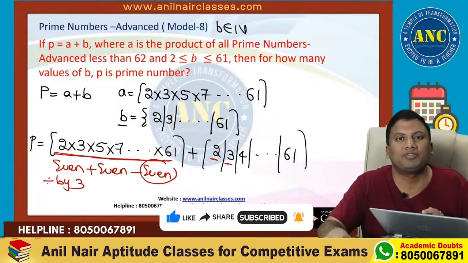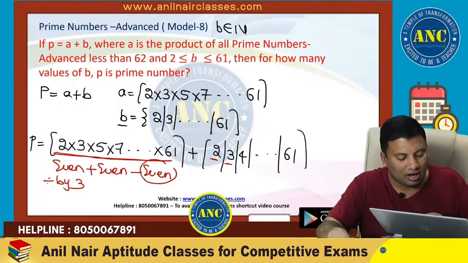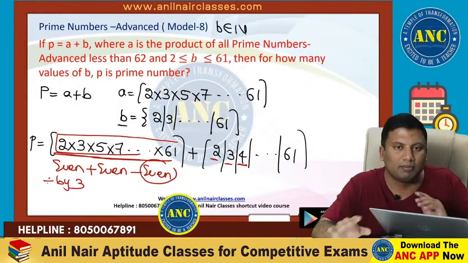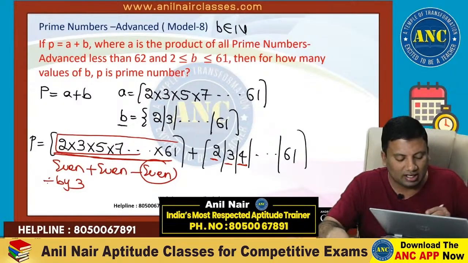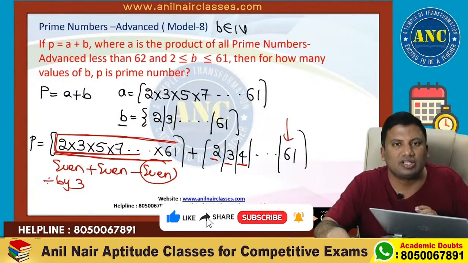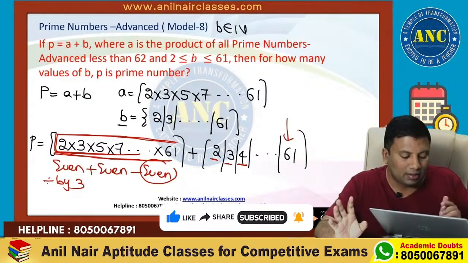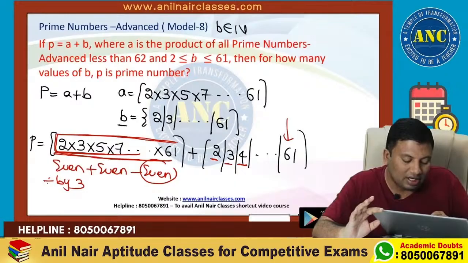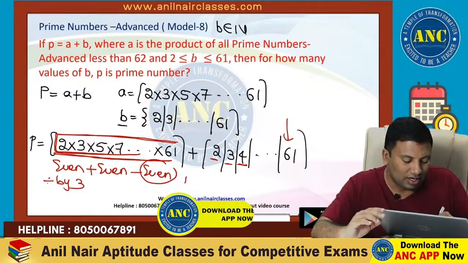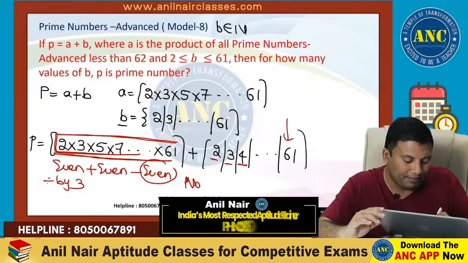Any multiple of 3 other than 3 is a composite number. 4 is an even number, these also are even. Even plus even is even. This multiple of 61 plus 61, the answer will be a multiple of 61. So all the numbers are multiples of either 2 or 3 or 5 and so on up to 61. So the answer is no value of B.